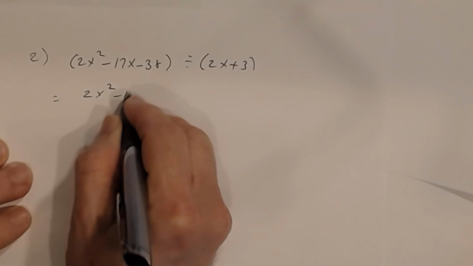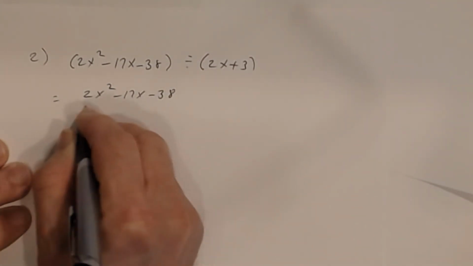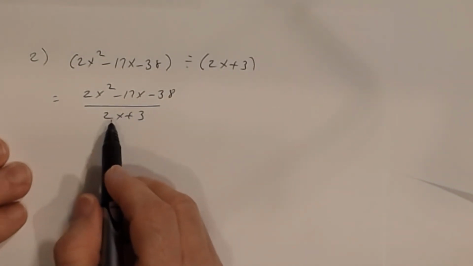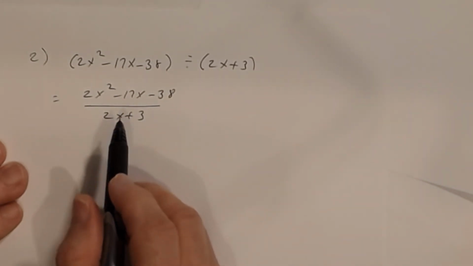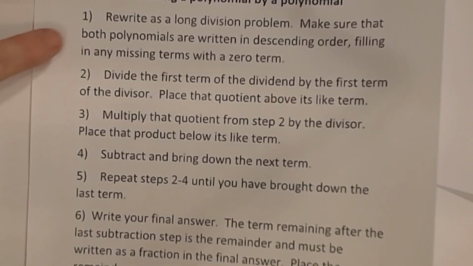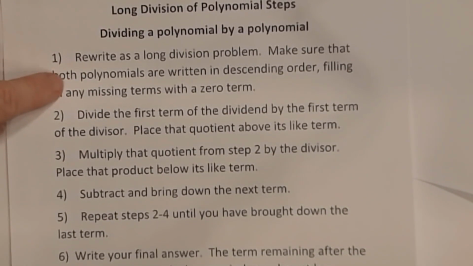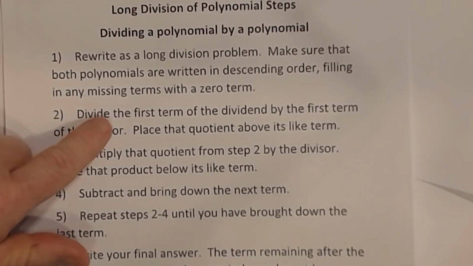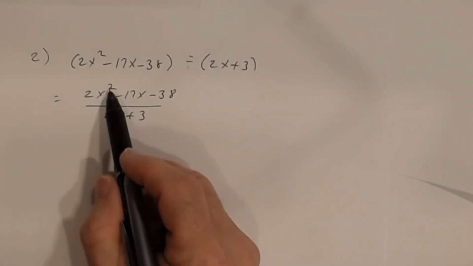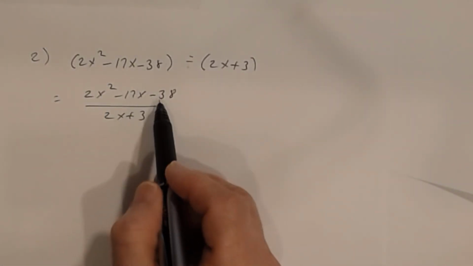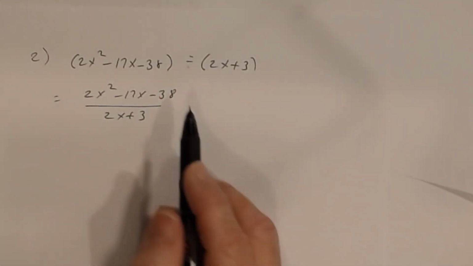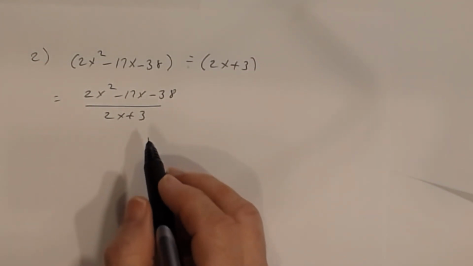That's not a monomial, so I have to use long division. Before you do long division, you have to rewrite this where both polynomials are in descending order, and any missing terms, you put a 0 term. Notice there are no missing terms: x squared, x to the first, constant. We're going to do one in a little while where there's a missing term.